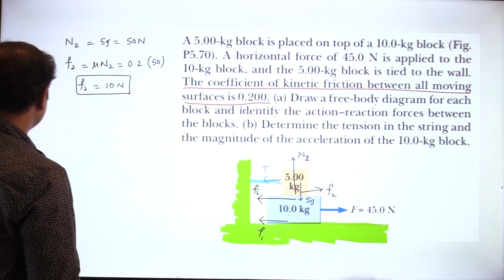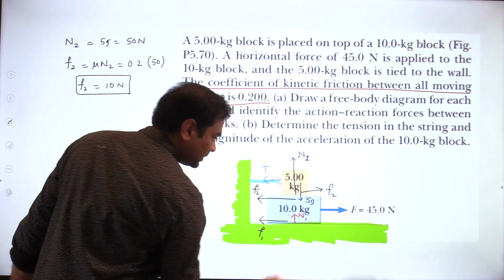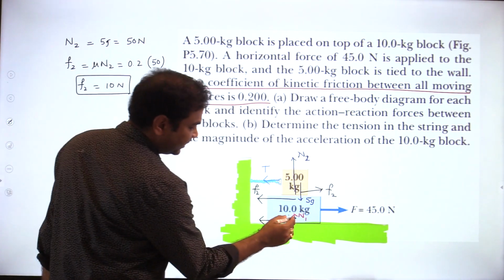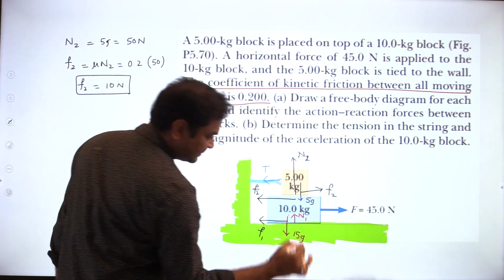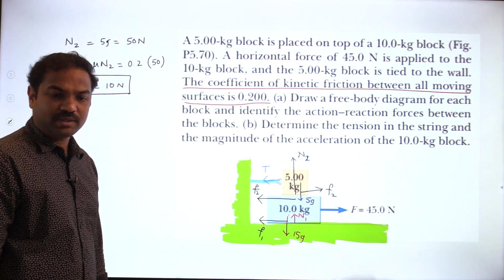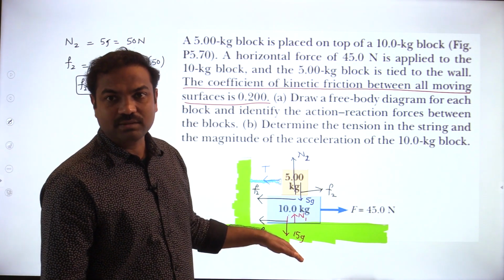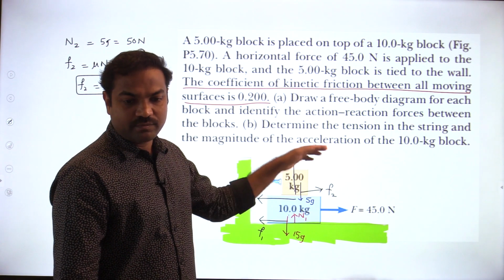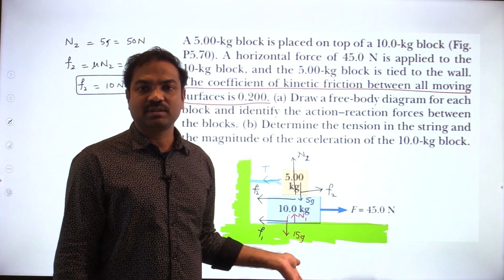And what about the F1 value? To know the F1 value, we have to see the normal reaction at this place, N1. So N1 will be equal to what? The total weight acting downward, which is 15G. All of you okay? On the surface, what is the weight acting? The total weight will act, no? So as you are keeping the 5 kg block on the 10 kg block, that weight also will act on the surface.